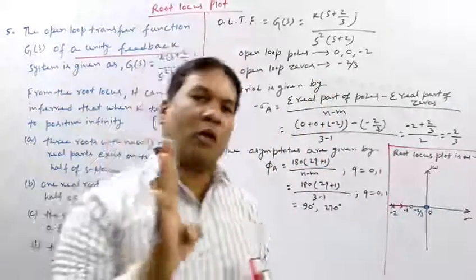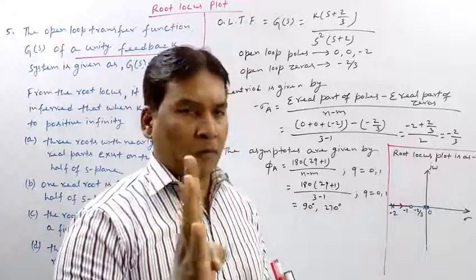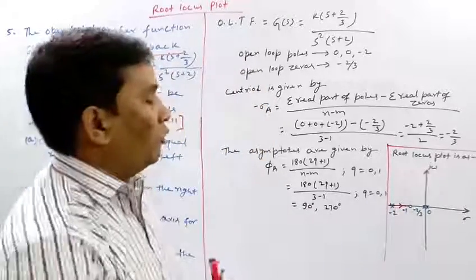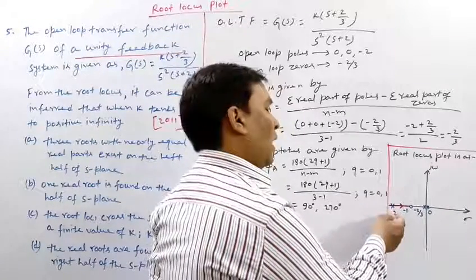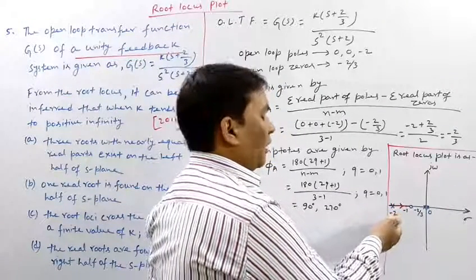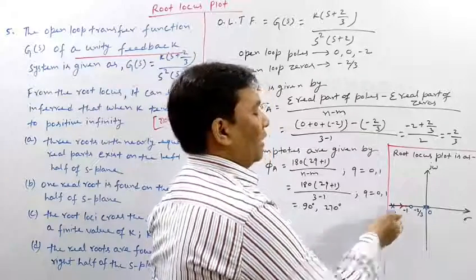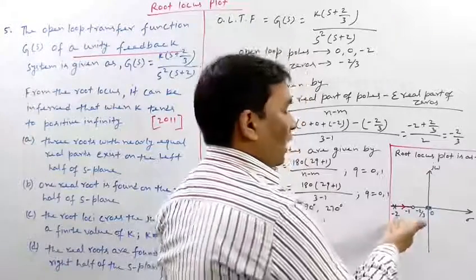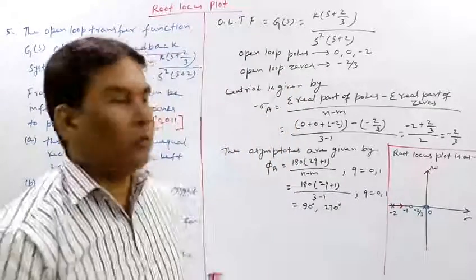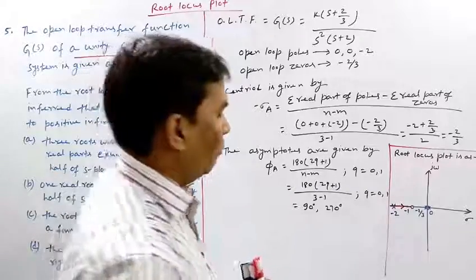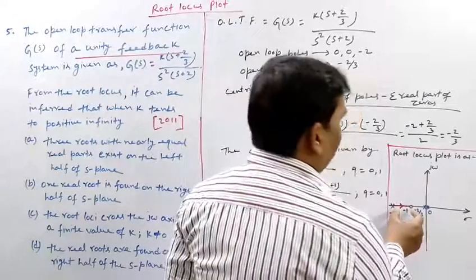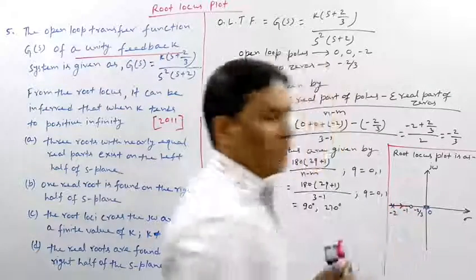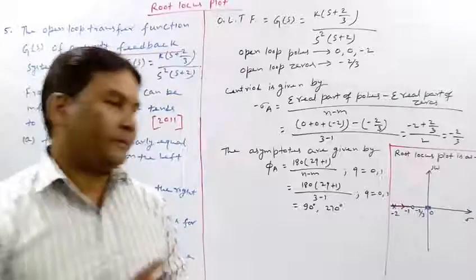So the total number of poles plus zeros is 4, which is even. So the left part of the real axis, including the point -2, will not be a part of the root locus. So only the part of the real axis between -2 and -2/3 will be a part of the root locus.